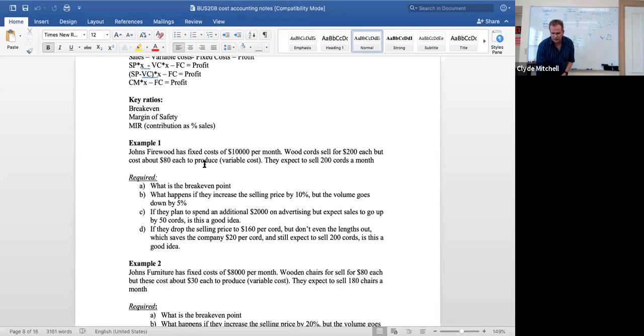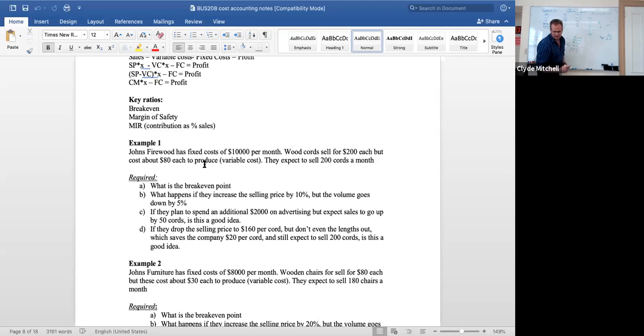They ask us for the break-even point, then they ask us for a couple of different scenarios. So part B is what happens if the selling price goes up by 10%, but the volume goes down by 5%. So this is part B, selling price up 10%, X goes down by 5%.